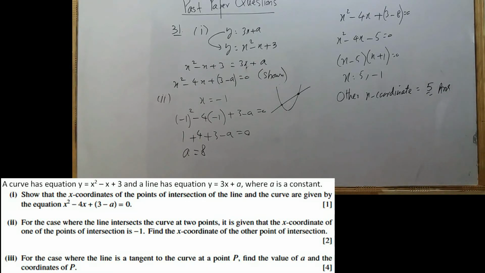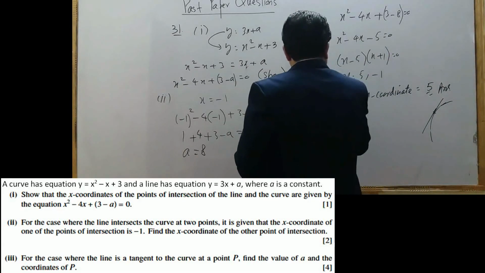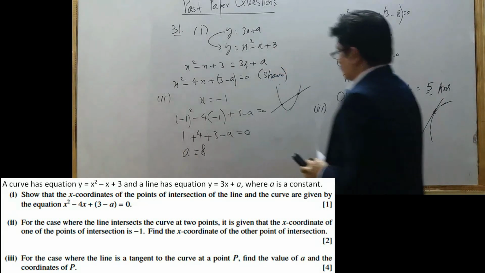Now see the third part. He is saying that the line is tangent to the curve at a point P. So this is the curve and the line is tangent to this curve at some point P. Find the value of a and the coordinates of P. So this is an independent part, worth 4 marks. This is an independent part, has no link with the second part. This is an important point to understand.